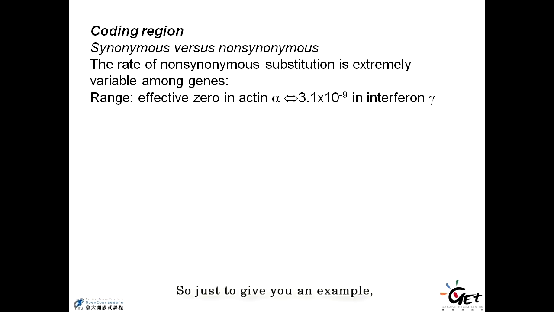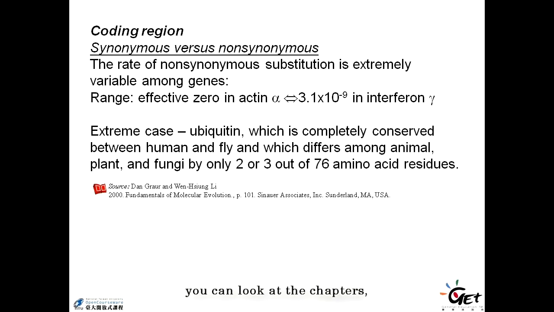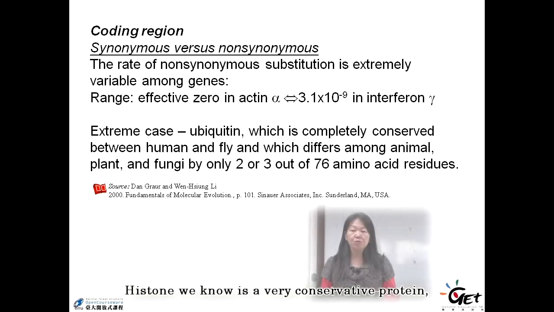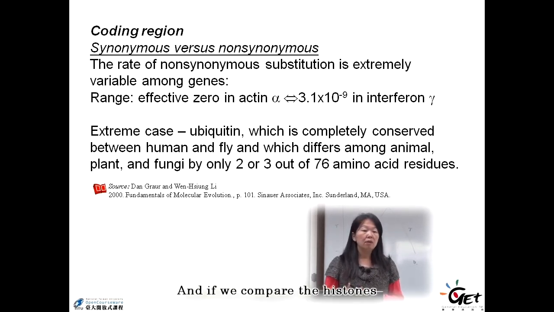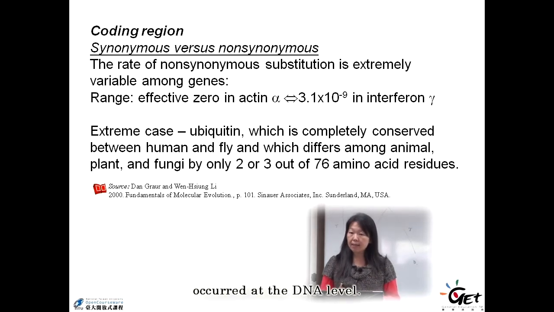Just to give you an example, you can look at the chapter, a little bit later on page 104. That shows you the histone 4 protein. Histone, we know, is a very conserved protein. It's part of the chromosome protein in our cells. If we compare the histones from human and wheat, you will see a lot of changes at the DNA level.